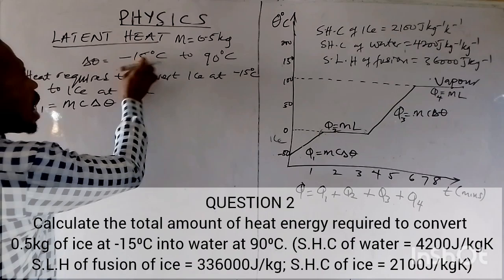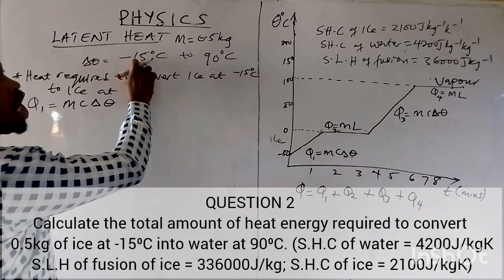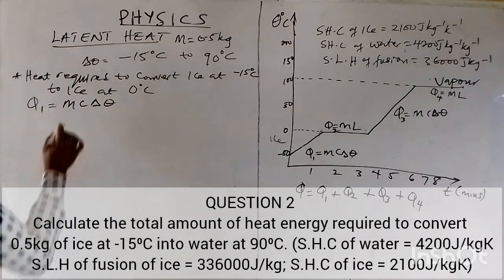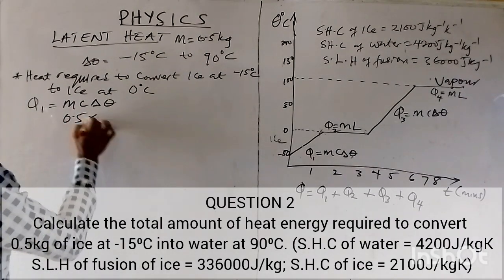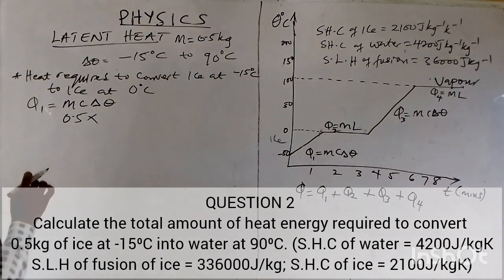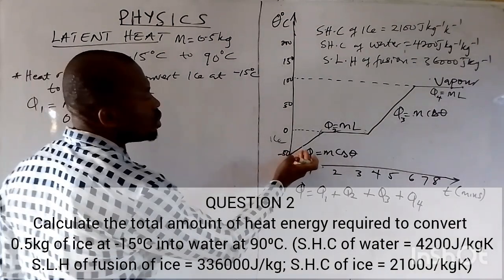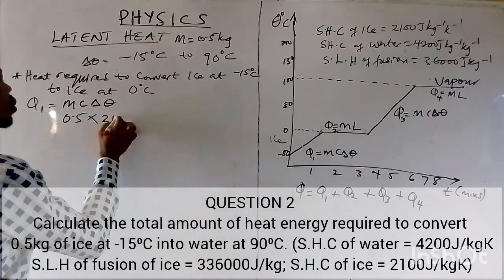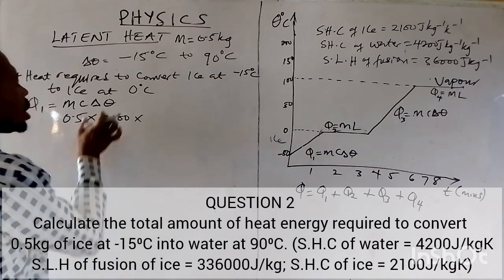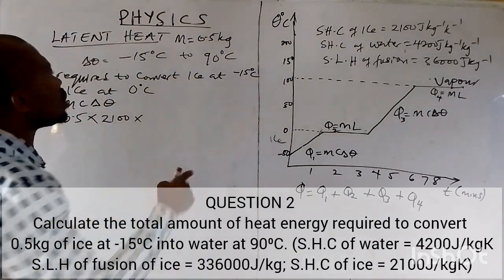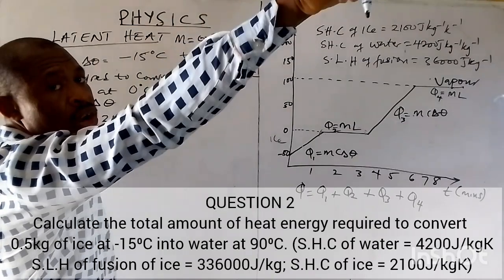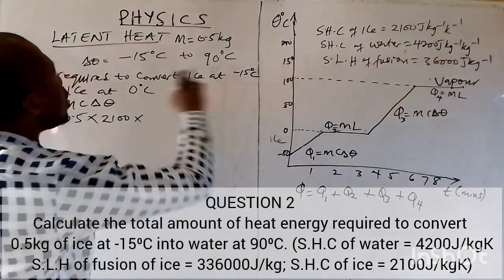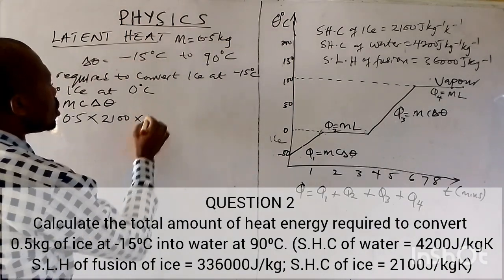The delta theta here is from 15 to 0. So the mass is 0.5 times the specific heat capacity of ice, which is 2100, times the temperature change. Because it is moving from minus 15 to 0, use positive 15.